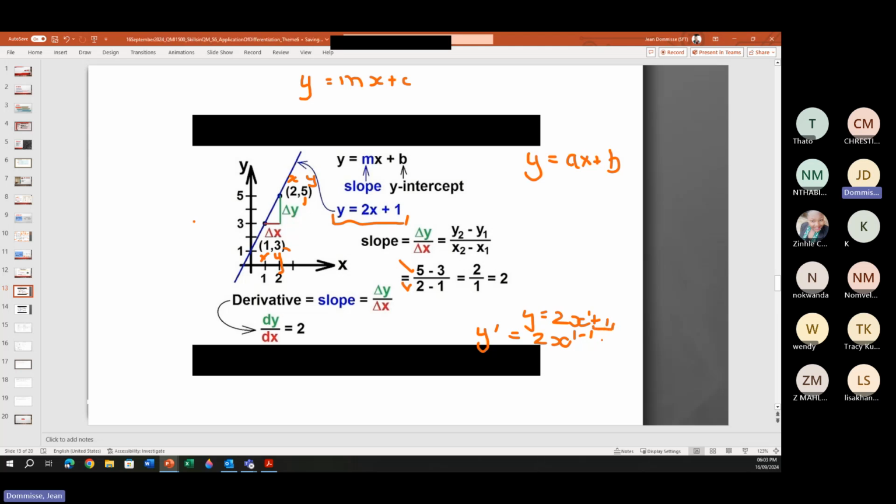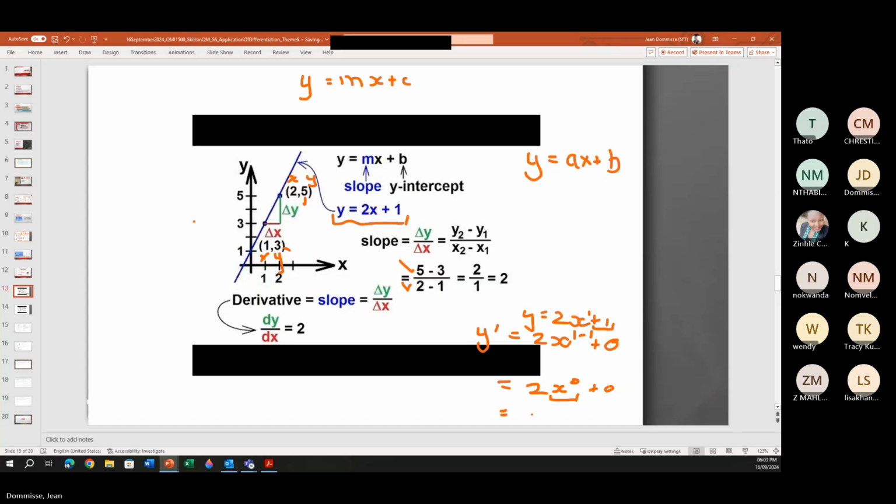If we differentiate a constant, it will be 0. And then we have 2x to the power of 0 plus 0. Remember, x to the power of 0, or anything to the power of 0, is equal to 1. So there we have that the derivative of that line is actually the same as the slope.